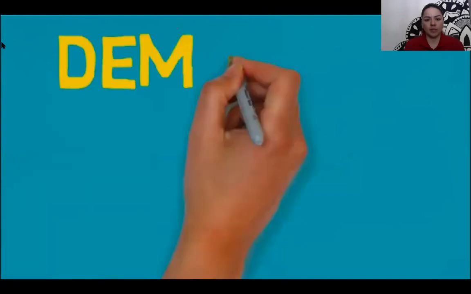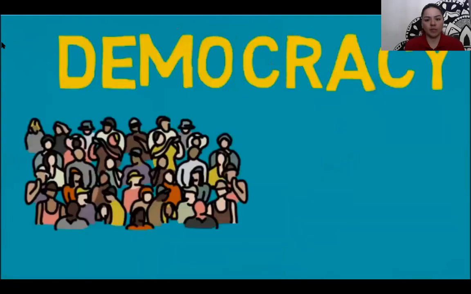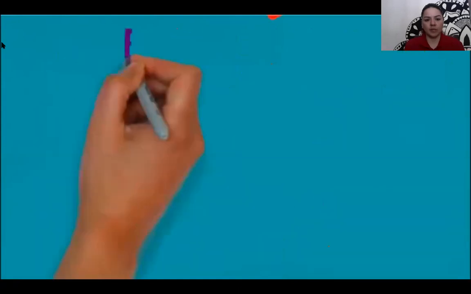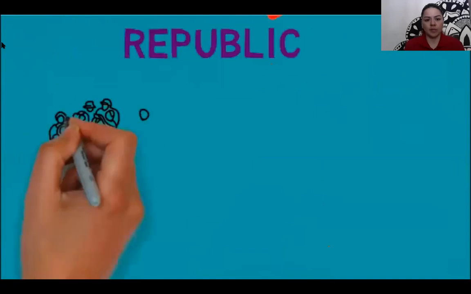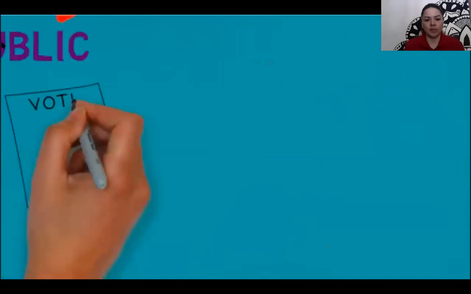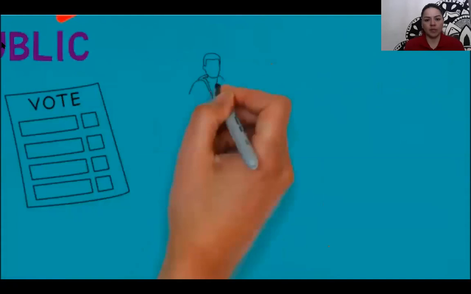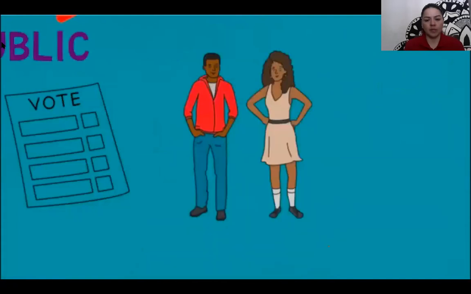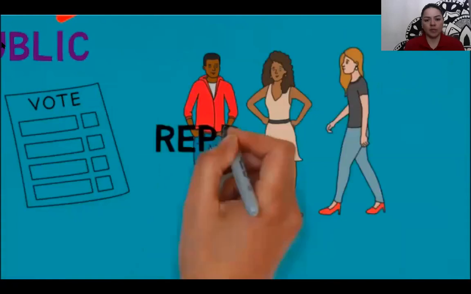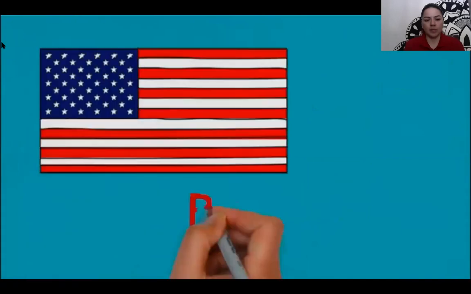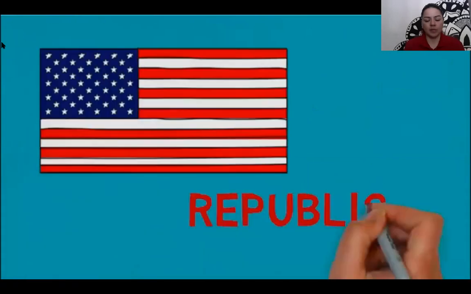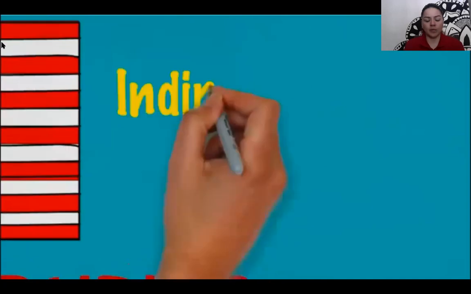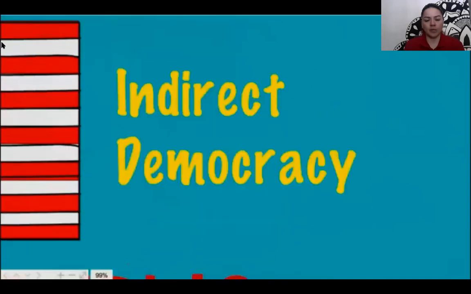In a democracy, people have 100% of that, so they would vote on everything. Whereas in a republic, the people vote and pick representatives, and these representatives make decisions for them on day-to-day things. So really, the United States has a republic, which, yes, I know, another word for it is indirect democracy, but I had to get you to watch the video.